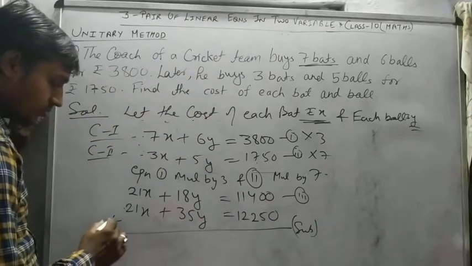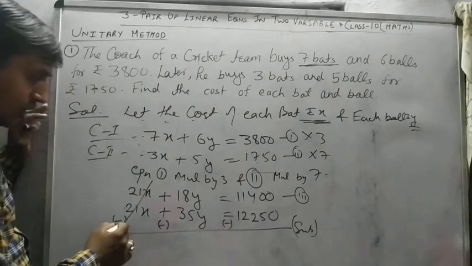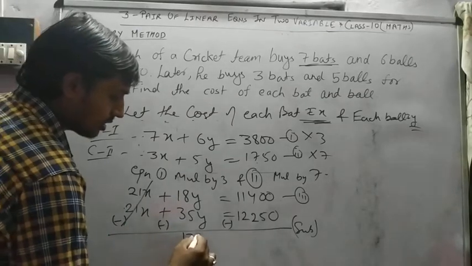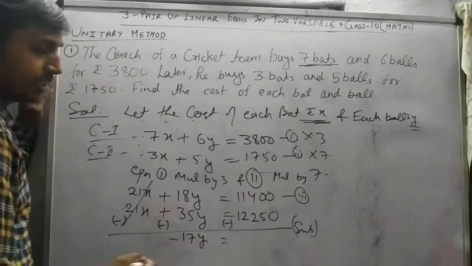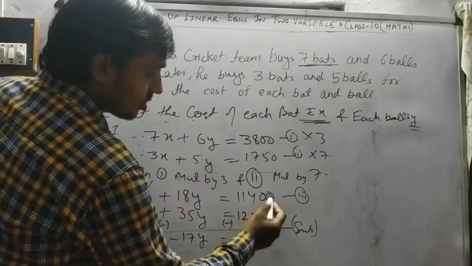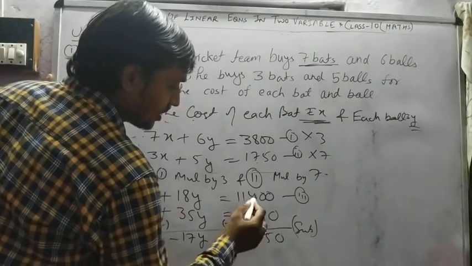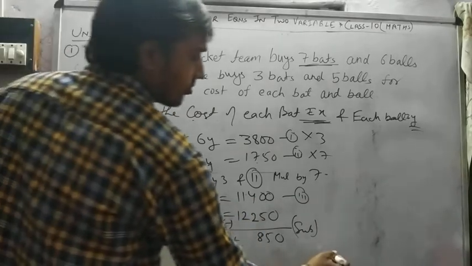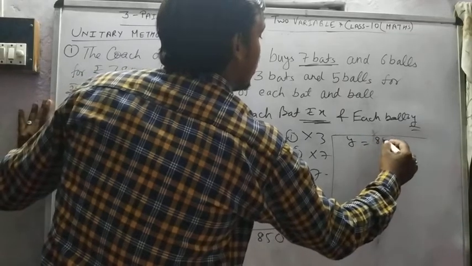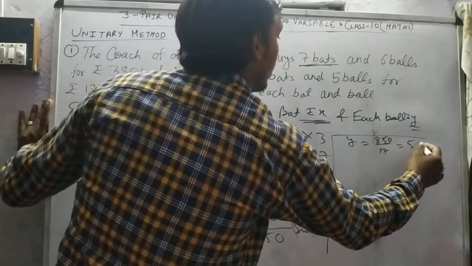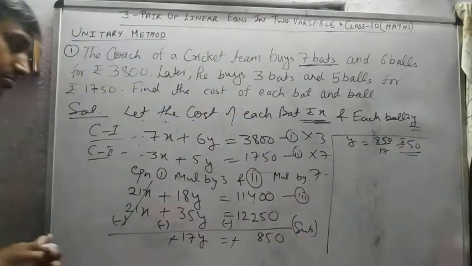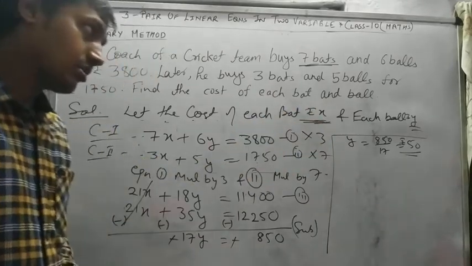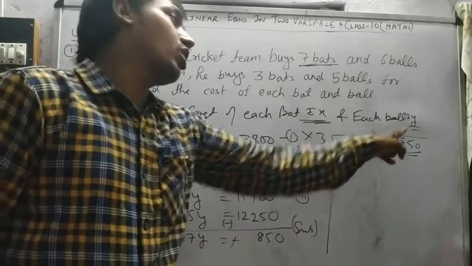So we subtract them. 21x minus 21x cancels out. 35y minus 18y gives 17y, and 12250 minus 11400 gives 850. So y is equal to 850 upon 17, you get 50 rupees. Means the cost of each ball is 50 rupees.